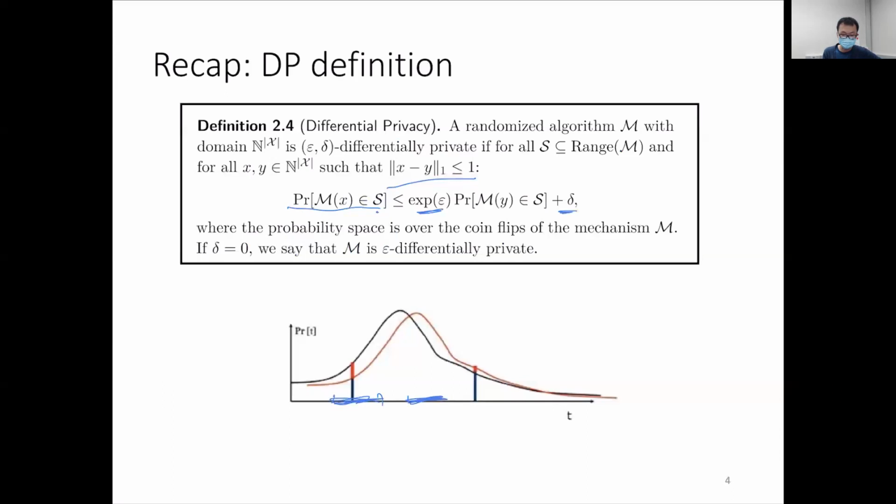But for all those that happen with large probability, it is the multiplicative part of this bound that kicks in, which says that we want the ratio of the two areas under the curve to be bounded within each other by e to the power of epsilon. And when epsilon is small, this says that the two distributions are more or less the same, even if the events are very rare. So in this sense, it's a very strong notion of privacy.